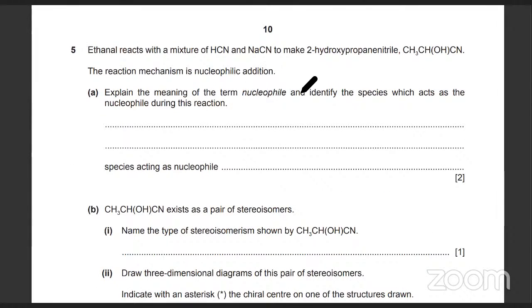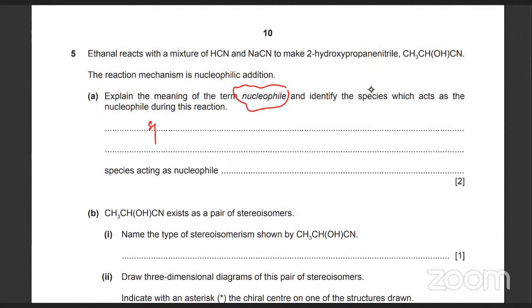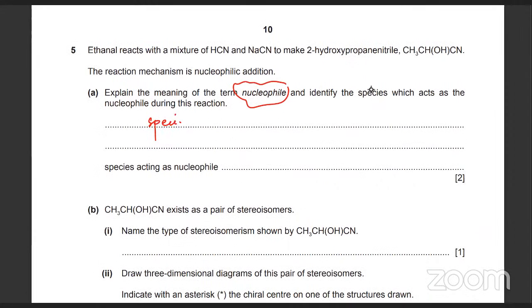Explain the meaning of the term nucleophile and identify the species. First thing, nucleophile. A nucleophile is a species, an atom or an ion, that is attracted to what? Positive charge.